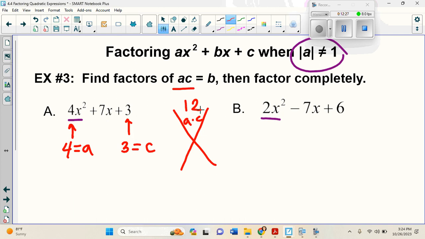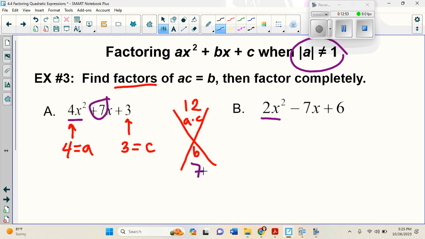So we want to find the factors of AC. These are the factors of AC that add up to B. So B in this case is 7.